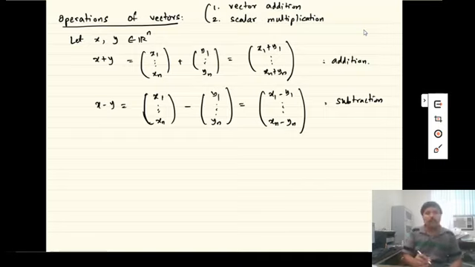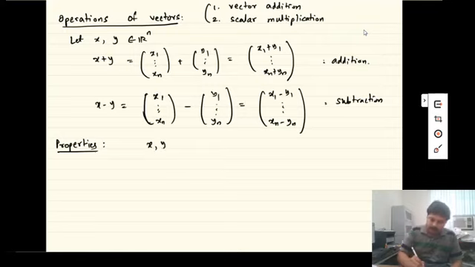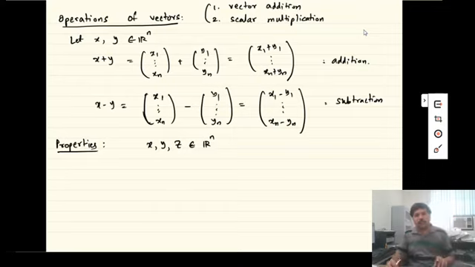And certain quick observations about this are as follows. These I will list as properties of vector addition. So what is the first property? I will consider x, y and z to be three vectors in Rn. So they are all same length vectors. As you have observed, by definition, when I want to add two vectors, the vectors should be of same length.